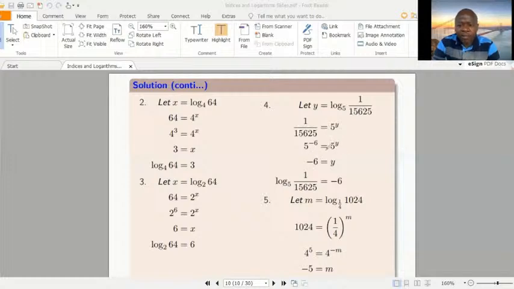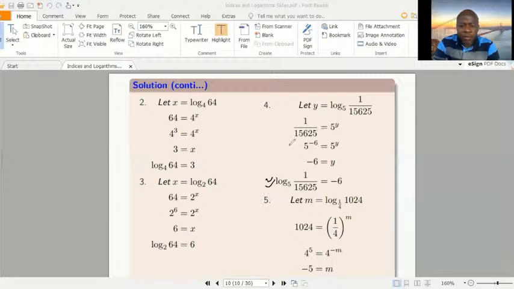The bases are the same, meaning that we then equate the powers. So y is negative 6. So that means the log of 1 out of 15,625 to base 5 is negative 6. I had to take this to the numerator.